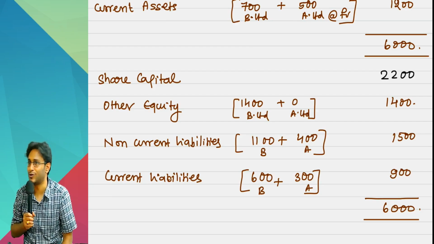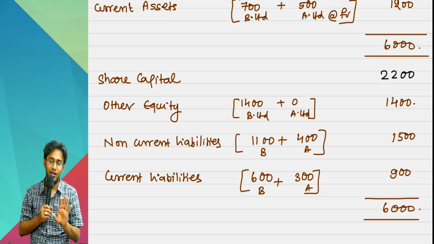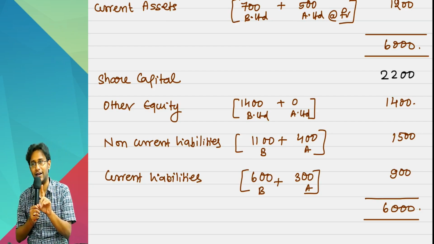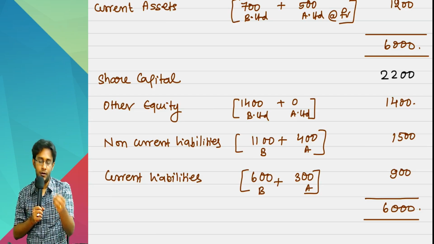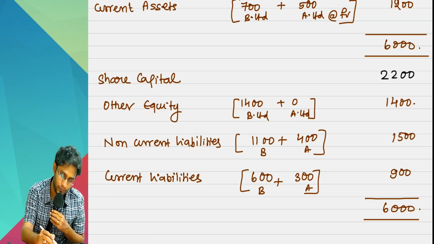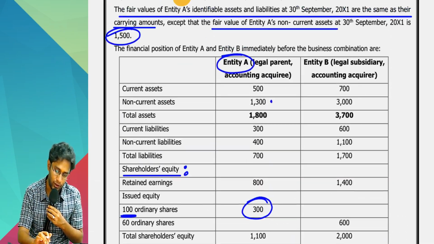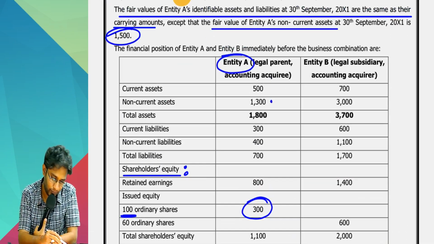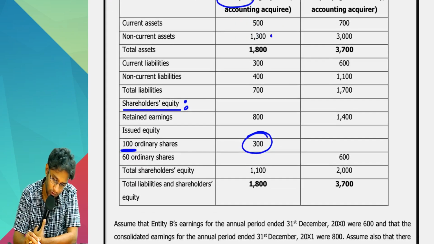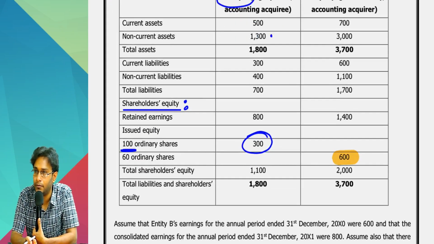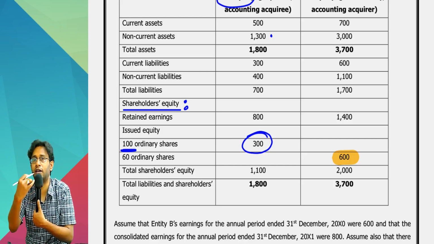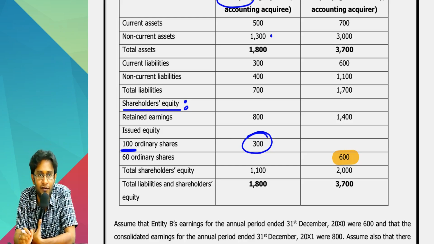Now what is the 2200? The first point is that it is the balancing figure. Second, logically I'll explain. Go to the question balance sheet. Tell me what is the share capital in B? Ideally this should come, plus B Limited issued 40 shares as part of acquisition.